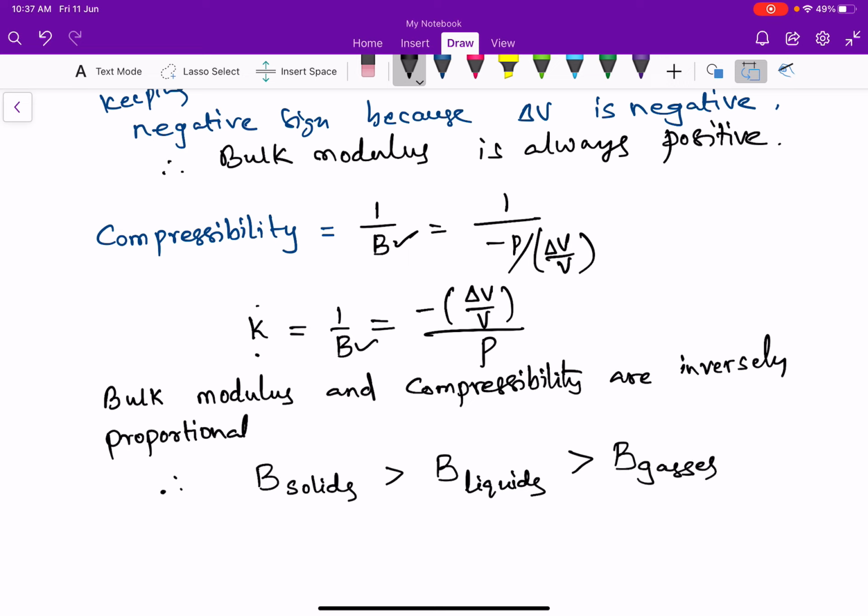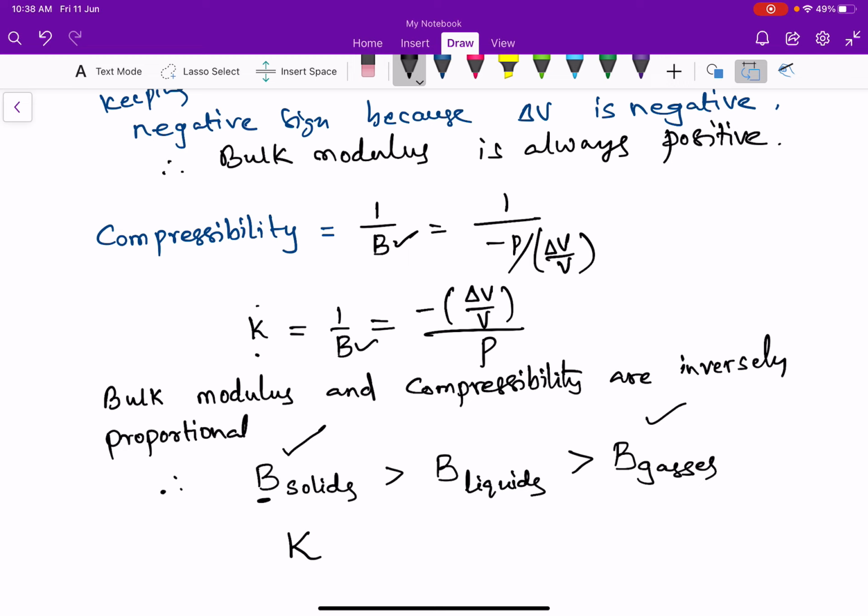So solids have the greatest bulk modulus, whereas gases have the least bulk modulus. As the bulk modulus of solids is more, the compressibility of solids is less.